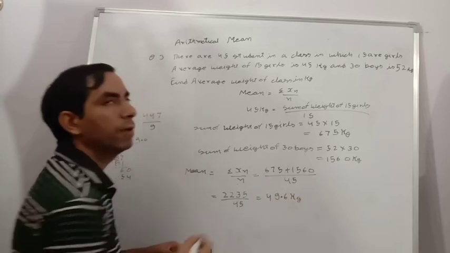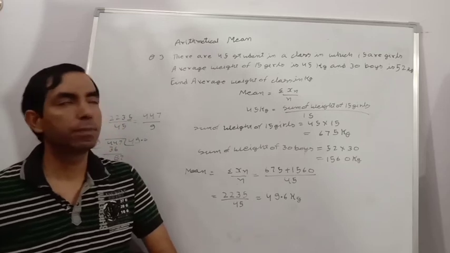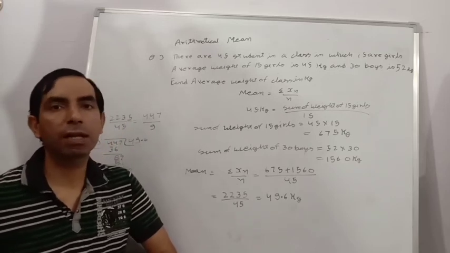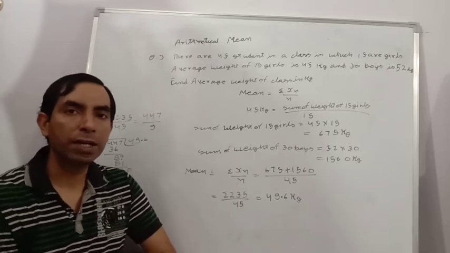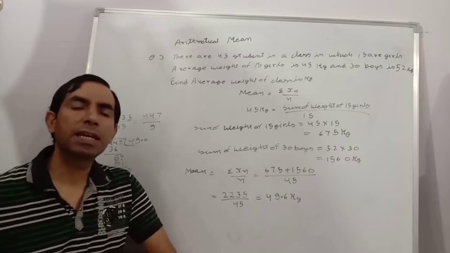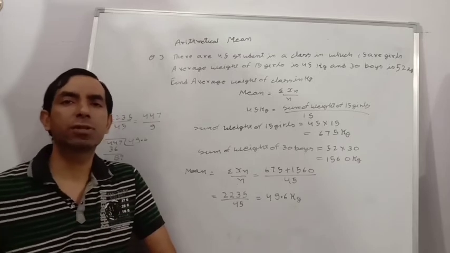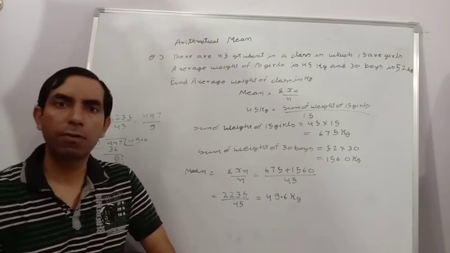It is the average weight of all students. So by this method we can calculate the mean also, if the weight of all students is not given directly. Sometimes they give the sum of the weights of 2 students, 3 students, or 4 students. By this method we can calculate the weight.